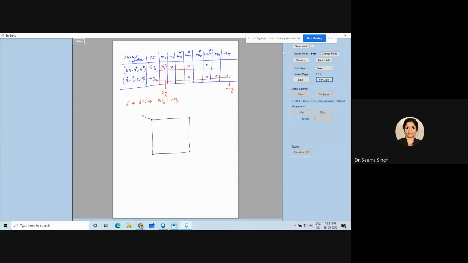So this is my suggestion to all of you, that you should try to make yourself fast enough that in your exam you should be able to verify it with K-map, because K-map is a pictorial version, and you will be able to understand this very easily compared to your QM method.